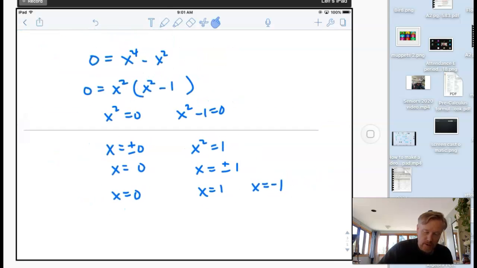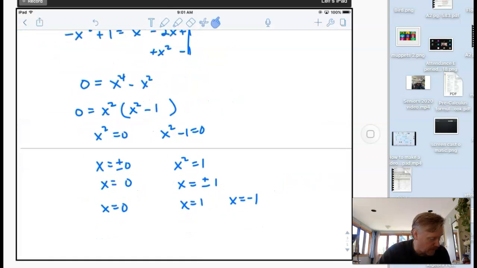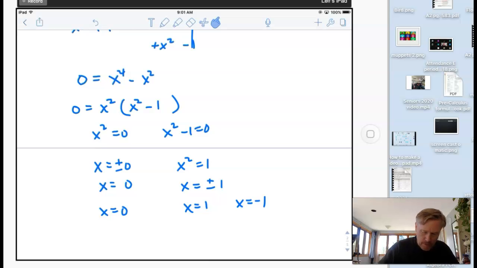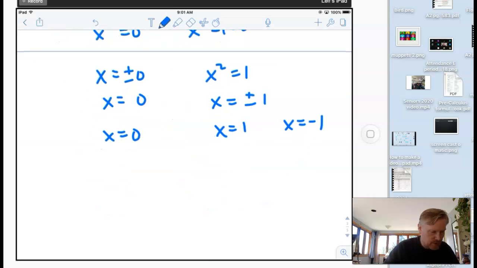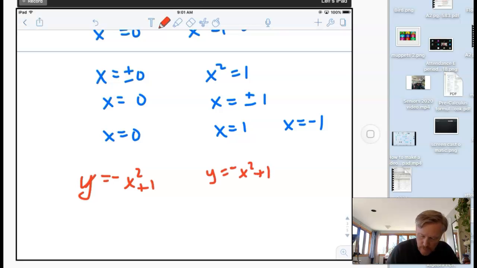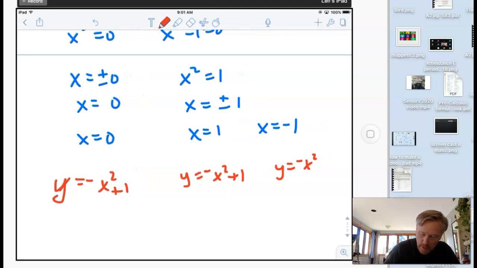And remember, I got to take one of these original equations and plug that back in. So I'm going to choose the easier of the two equations, which is y equals negative x squared plus 1. I'm going to have three answers for this one because I'll show you a graph of this in a minute, but it's got three intersections, in other words.